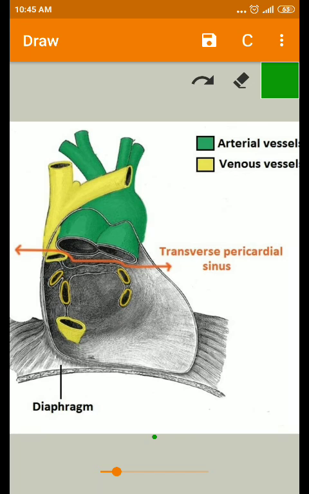If you want to see the functions of this pericardium, recall that we compared it with an orange peel. By seeing the orange peel, we thought that it doesn't have any function; we simply remove that peel and take it off.